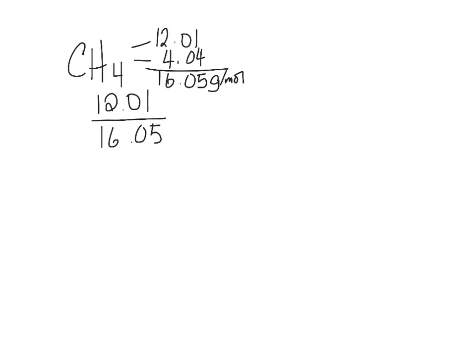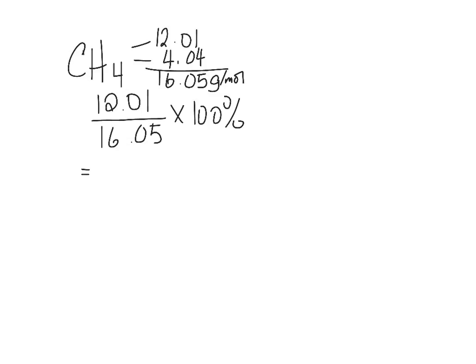One carbon divided by the mass of the entire thing, 16.05, times 100%. And this will give you the total percent carbon. So the total mass of carbon is 12.01. The total mass of hydrogen, 4.04.